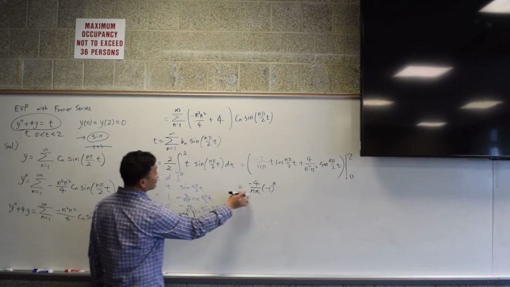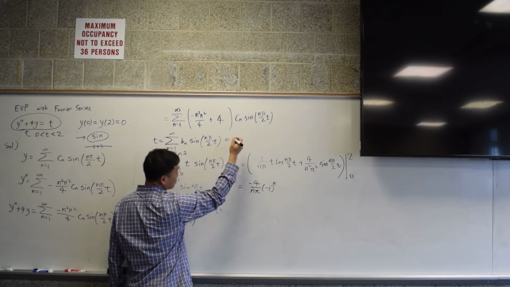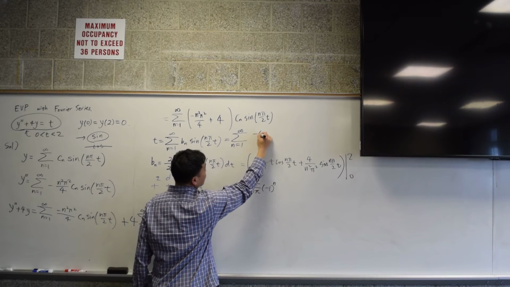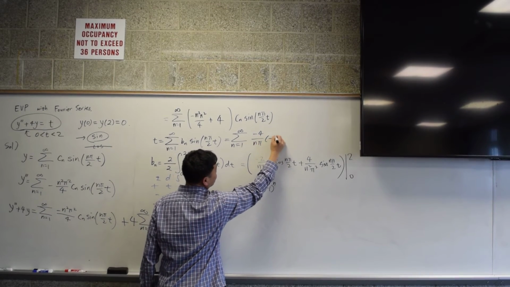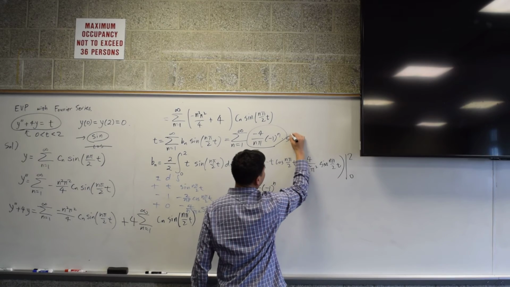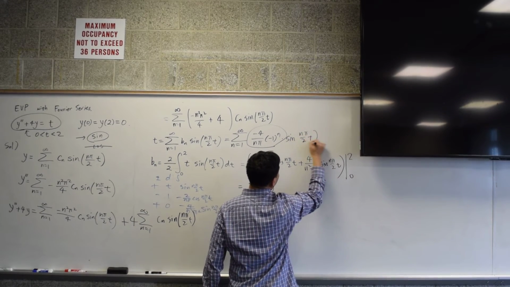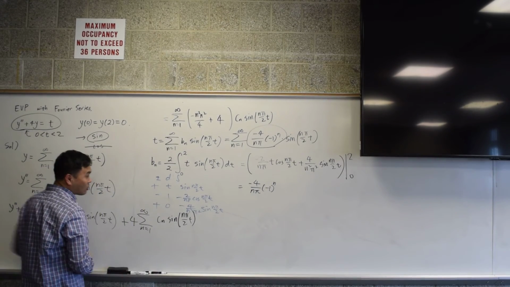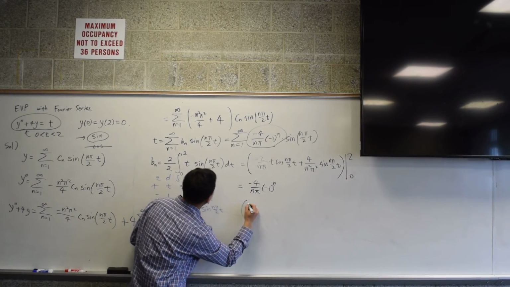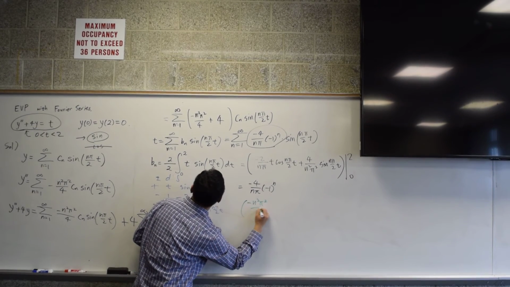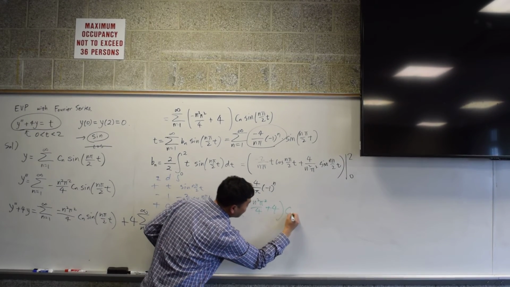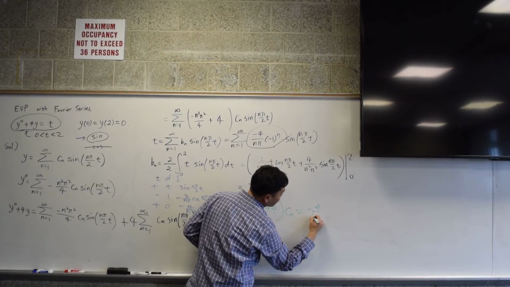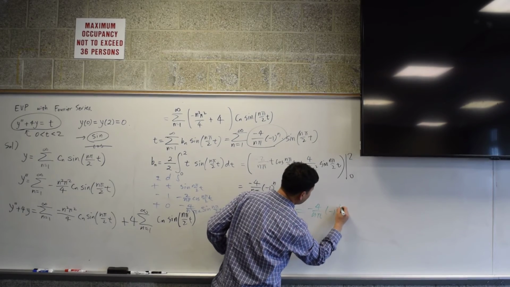Therefore, plugging this back in here, you get t equal to the sum from n equals 1 through infinity of negative 4 over n pi, negative 1 to the nth power, times sine(n pi over 2 t). If you compare this with that, now we see what equation must hold: negative n squared pi squared over 4 plus 4, times Cn, has to equal this coefficient, negative 4 over n pi, negative 1 to the nth power.